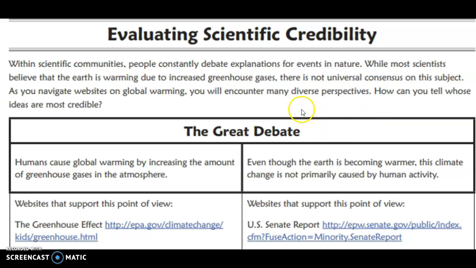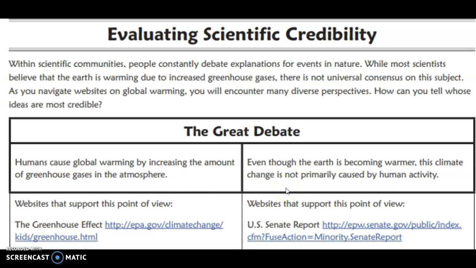One scientist may say that the earth is warming due to one thing, and another scientist may say, no, I disagree with that. I think the earth is warming because of this particular reason. And what we want to look at is how can we tell whose ideas are most credible? And so here is the center of our disagreement. This is the great debate. One scientist says humans cause global warming by increasing the amount of greenhouse gases in the atmosphere.